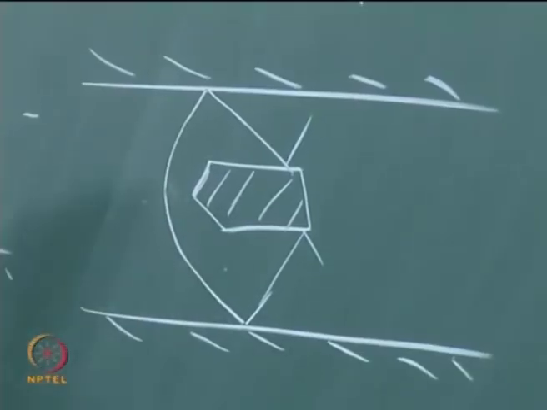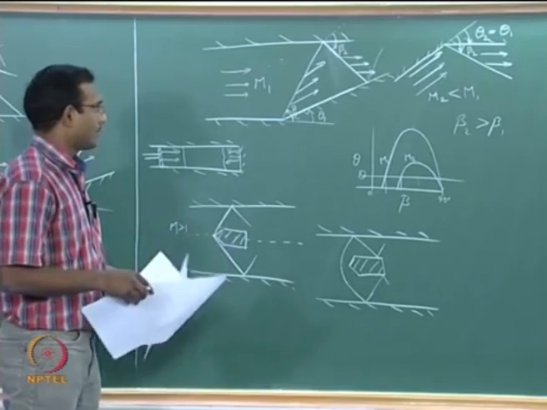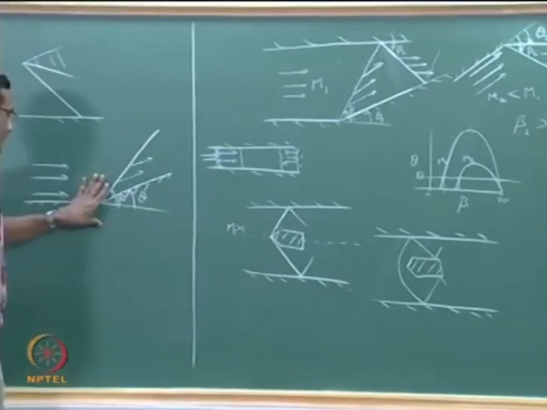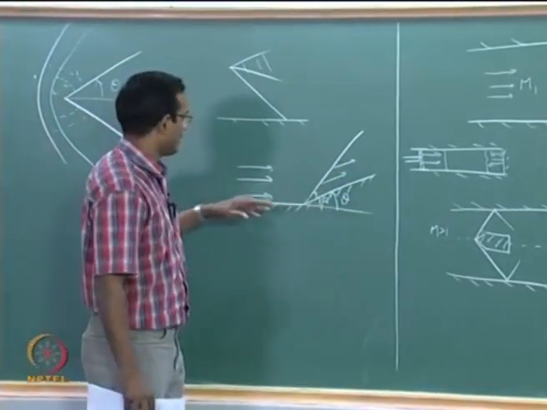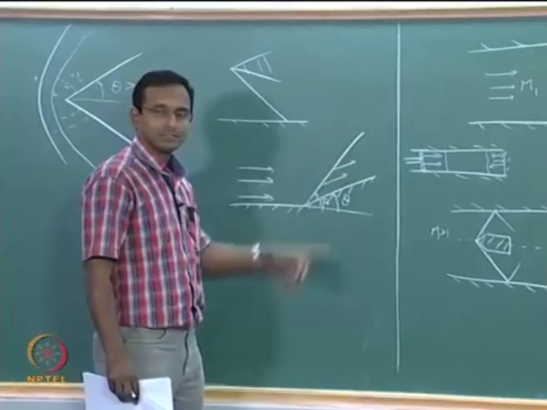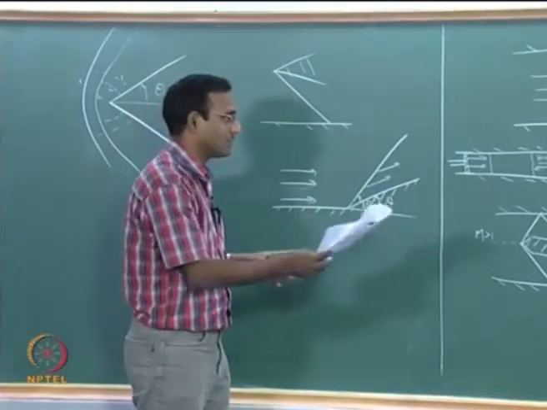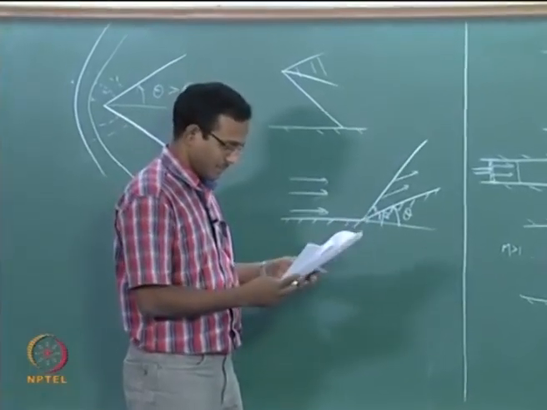Our piston analogy does not work very well for any detached shock cases. But remember this simple picture. If I have a wall changing, then there will be a shock produced there, and this is the procedure for analyzing it. Whatever we did now is the procedure for analyzing such flow fields. That is the idea.